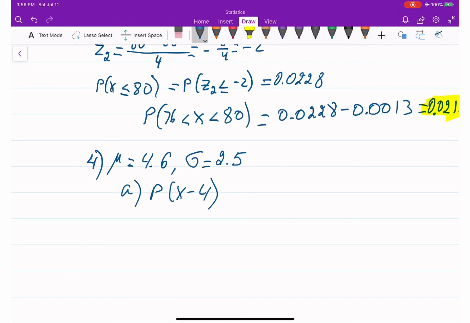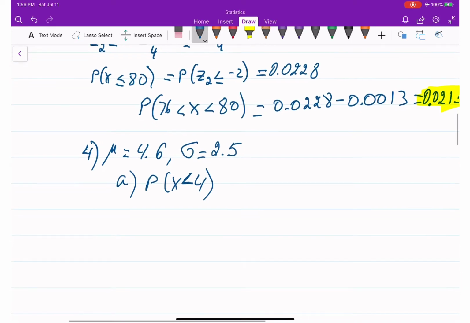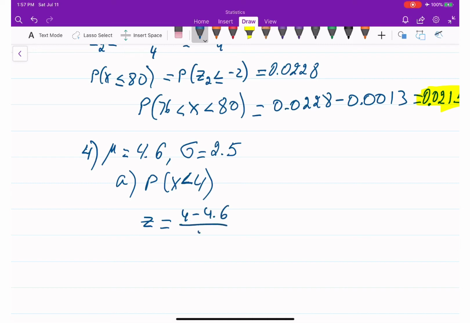We are already familiar, right? Less than 4. So the z-score is equal to 4 minus 4.6 divided by 2.5. We are getting negative 0.6.